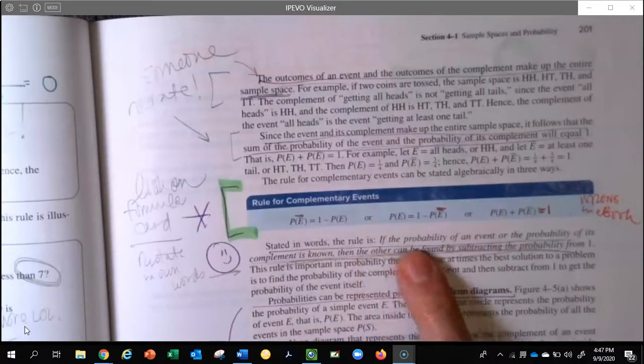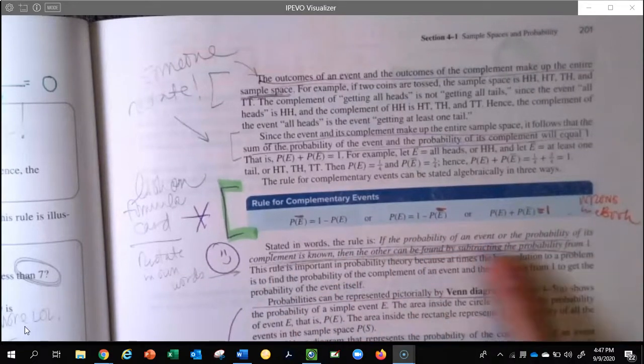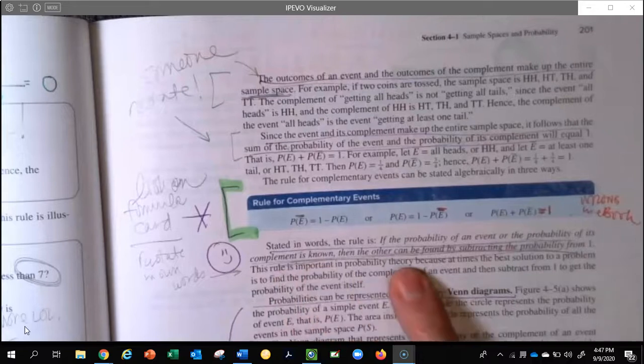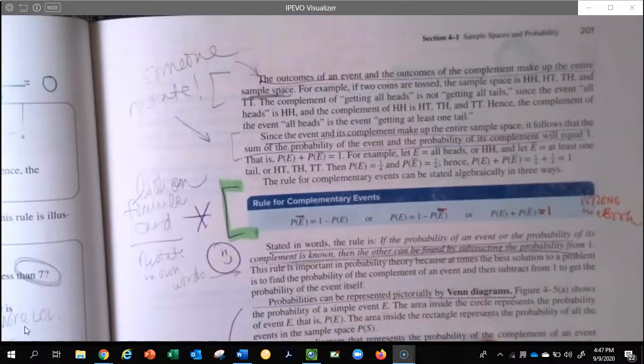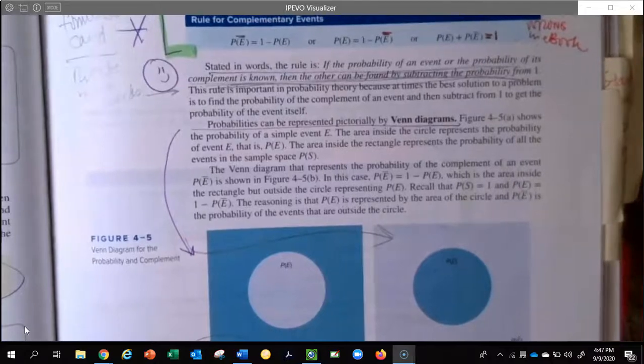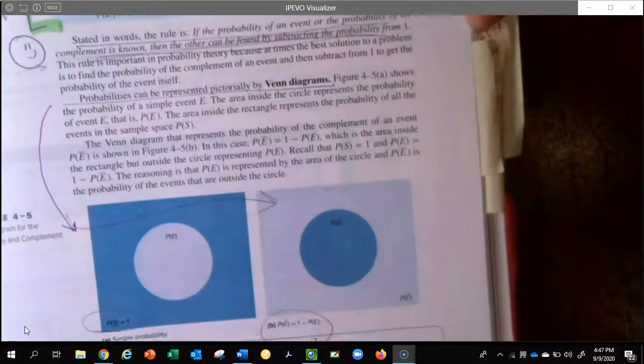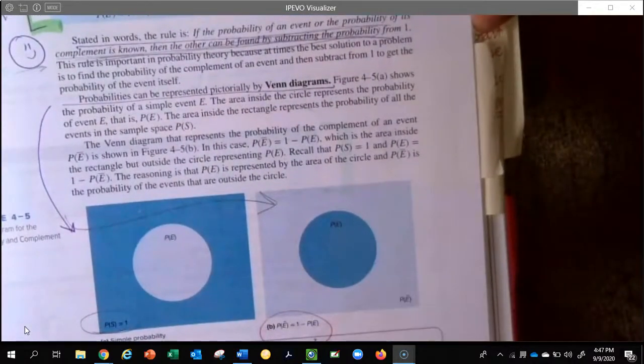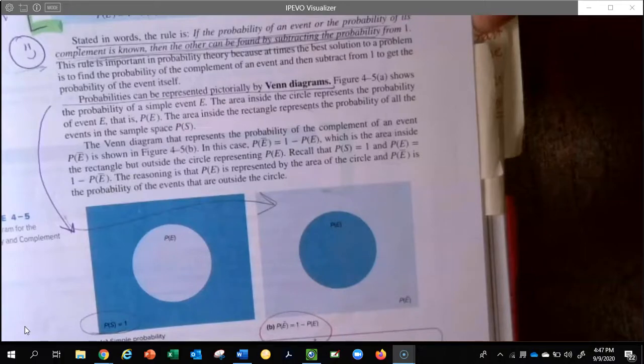Stated in words, if the probability of an event or the probability of its complement is known, then the other can be found by just subtracting it from 1. Probabilities can be represented pictorially with Venn diagrams, like this one. That's got the probability of the event and the probability of the complement, and together they make up the whole.